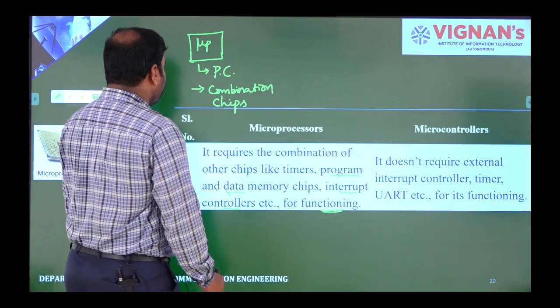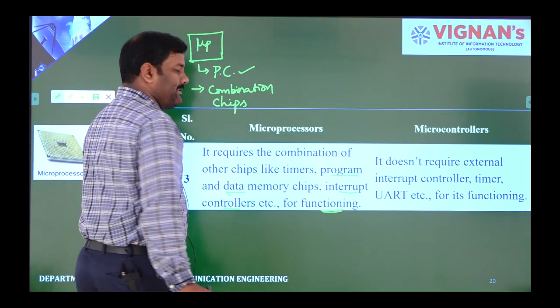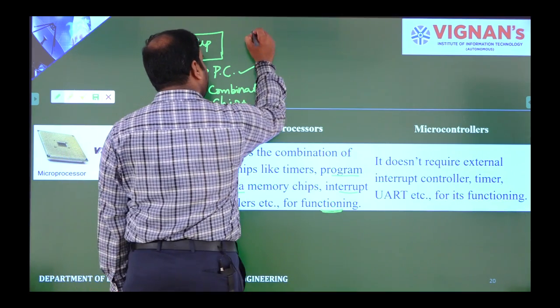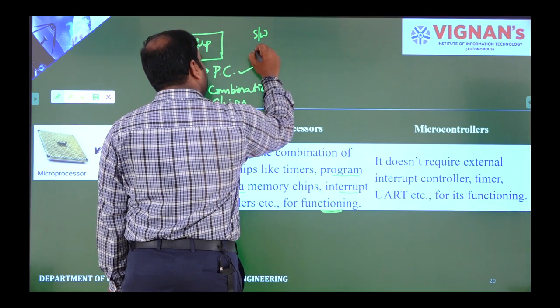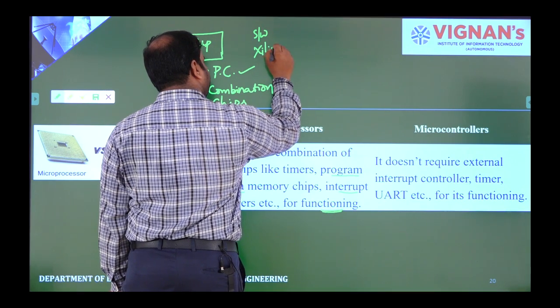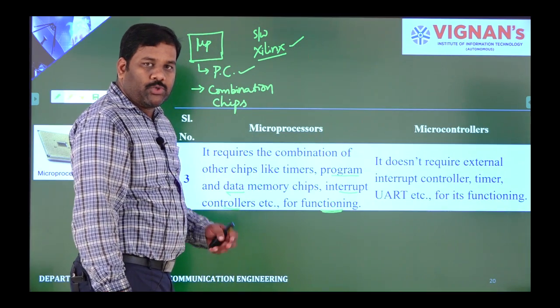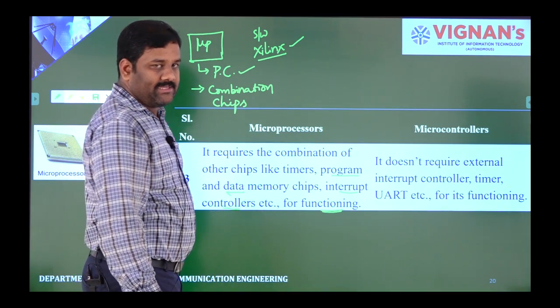I'll consider one example. I have one PC, and I need to run one program, so I have one software, let's say Xilinx. I have written one program in Xilinx to execute one design of an IC.